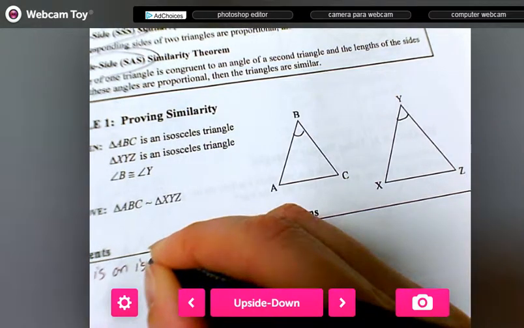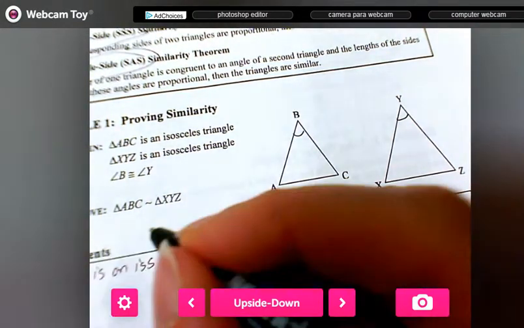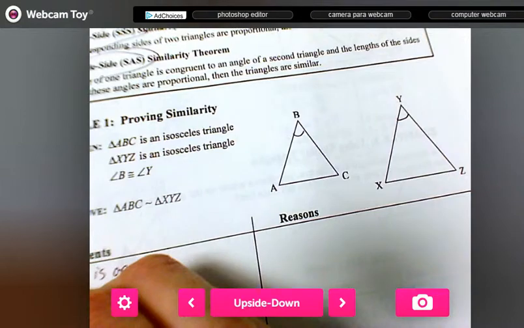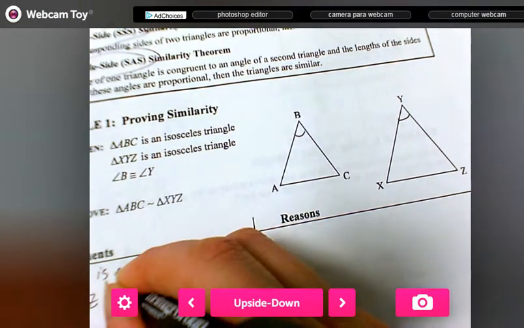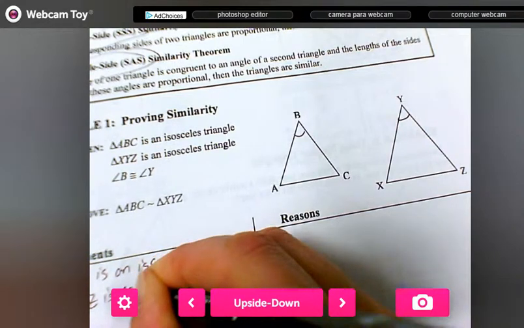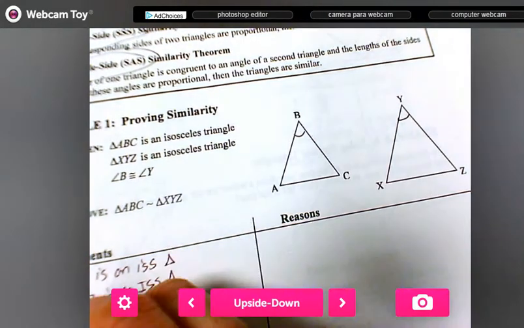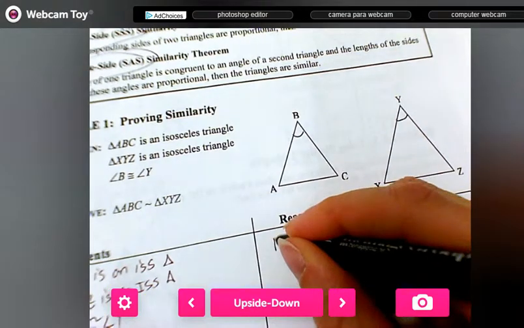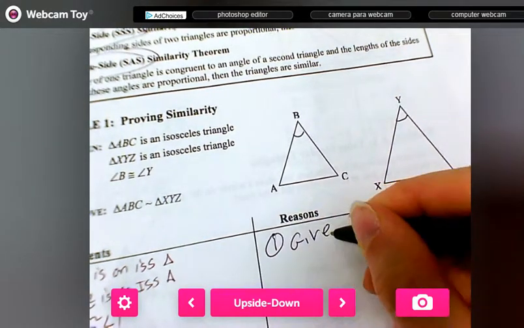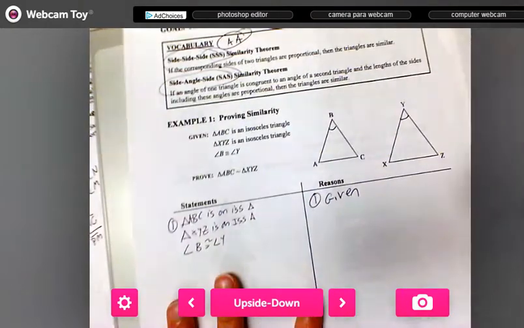I'm just going to write ISS for isosceles. And triangle XYZ is an isosceles triangle. And angle B is congruent to angle Y. Given. Let me zoom out just a little bit so you guys can see this better.